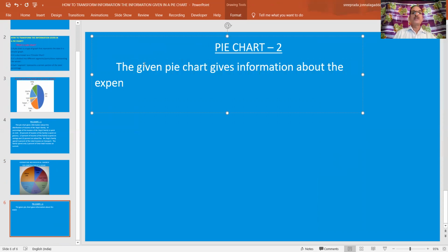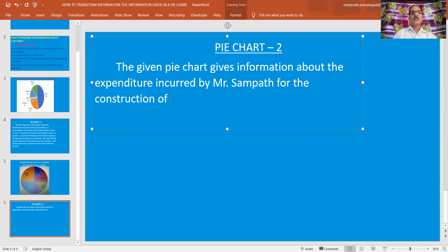So in the title itself it is there. The expenditure incurred by Mr. Sampath for the construction of a house. So this is the basic information we have to give.